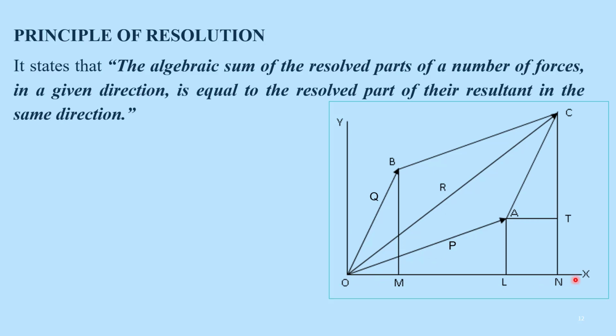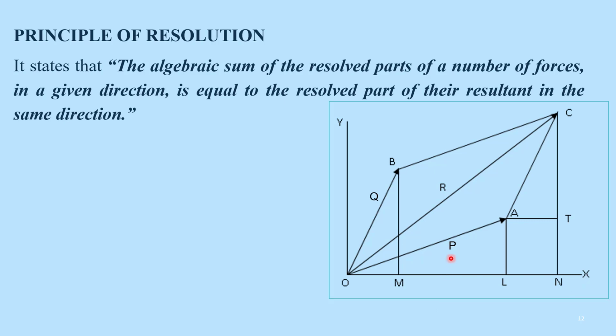As I have told earlier, I can resolve the forces into two components, one along the x-axis and the other along the y-axis. So here I am going to consider the x-axis as my reference axis. So here I am going to resolve all the forces along the x direction.